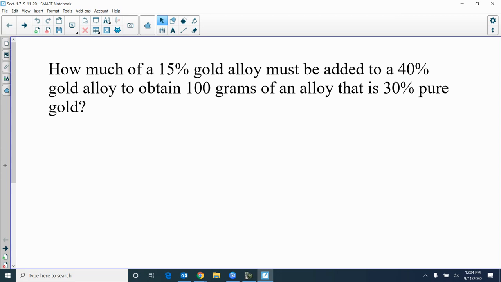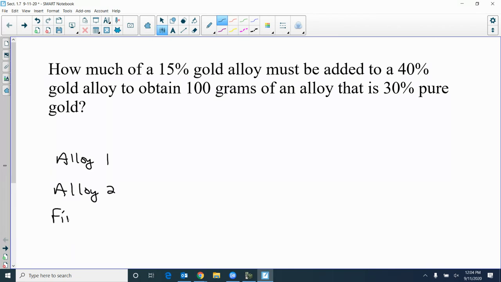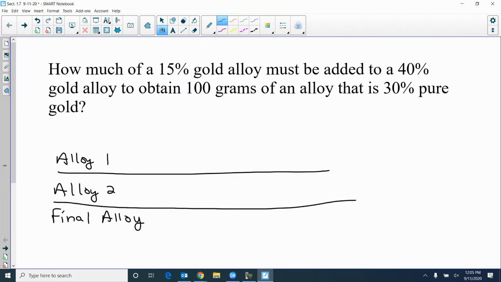Now, if you're doing a chart, let me go that route, and then it will automatically set up the equation. So I'm just going to do alloy 1, alloy 2, final alloy.